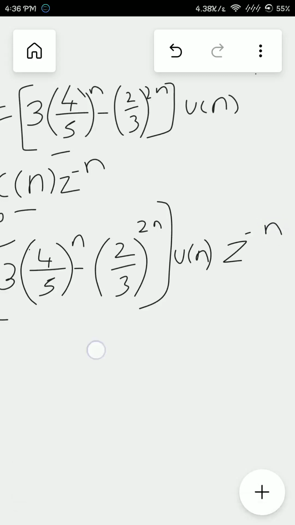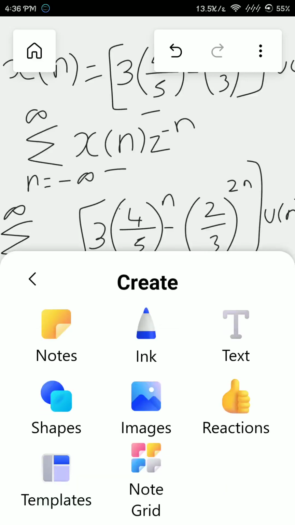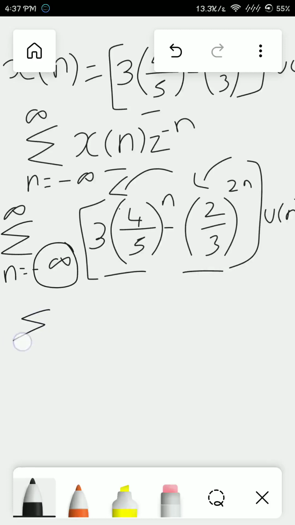Next, you are going to separate the summations, providing a summation for each term and multiplying z to the power of minus n to each. Here you change the summation to the u of n summation, that is n equal to 0 to infinity.